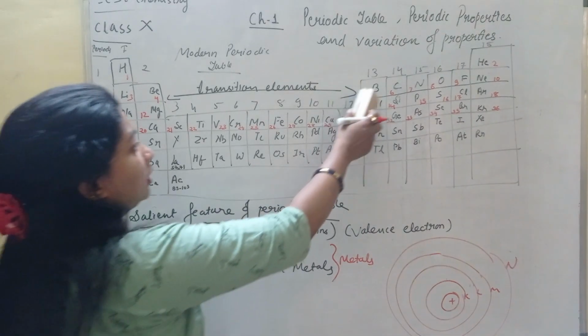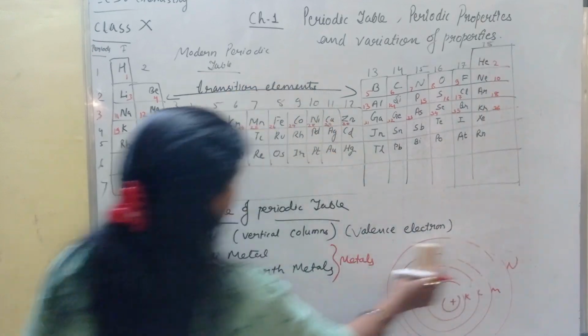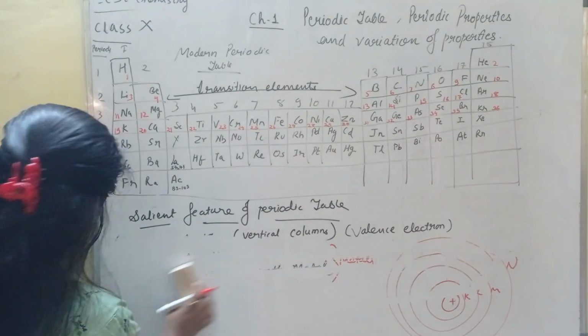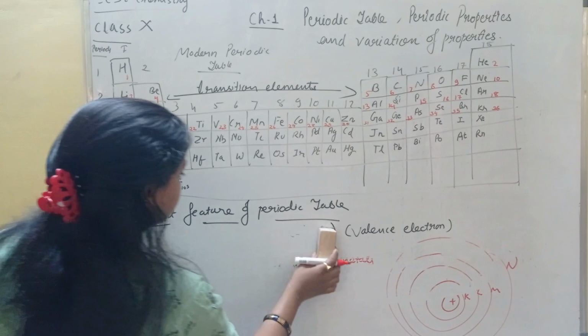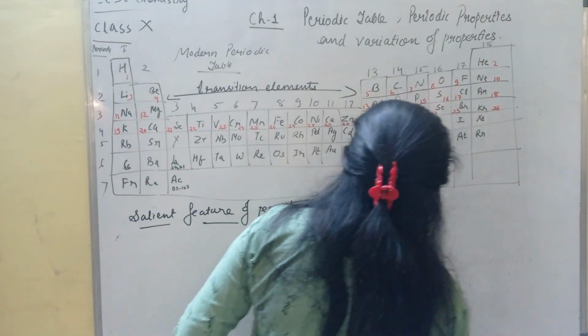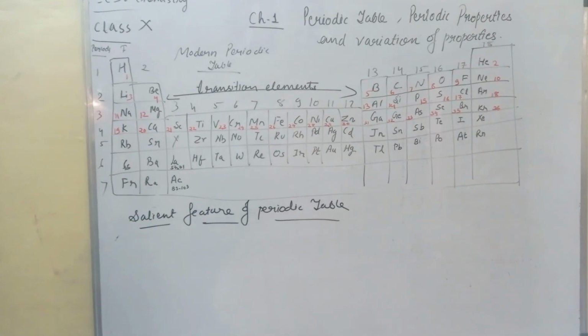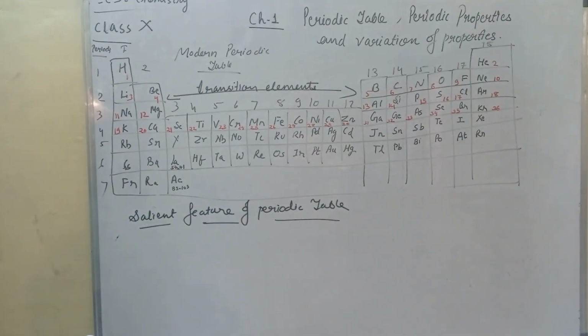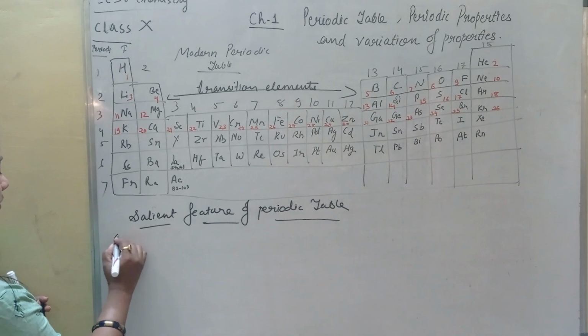Now we will come to 13, 14, 15, 16, 17 and 18. Group 13, simple. It is the boron family.